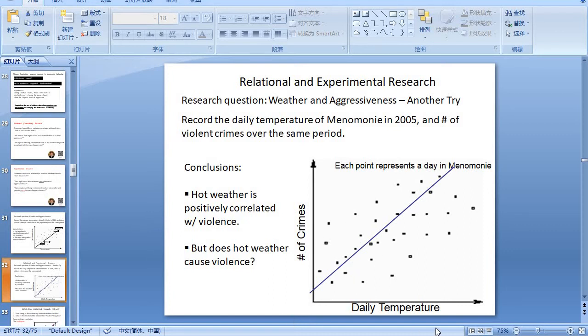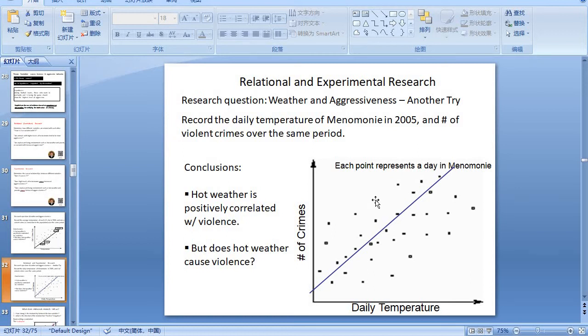So on this scatter plot, the horizontal axis is the daily temperature of the city. This is the x-axis. The vertical axis, the y-axis, is the number of crimes recorded on each day.